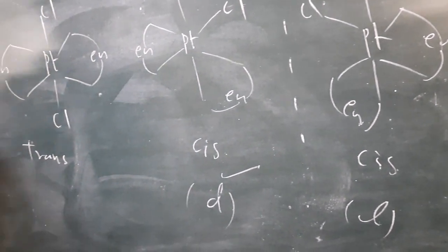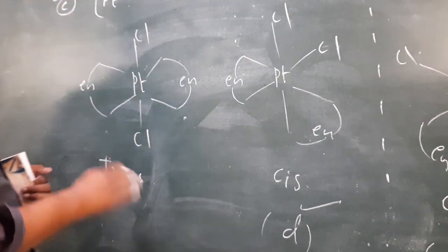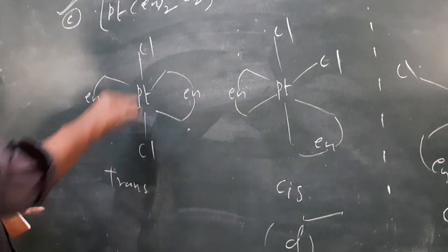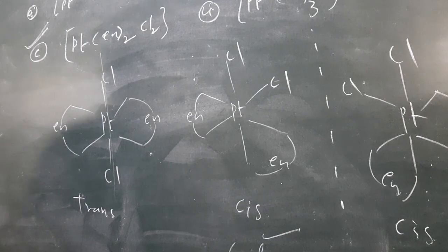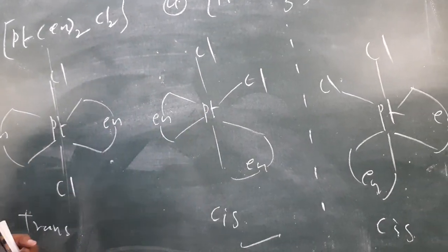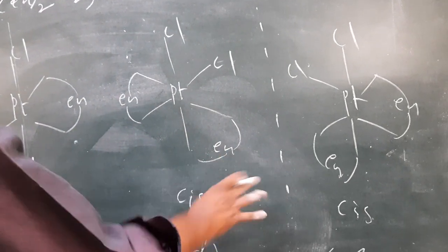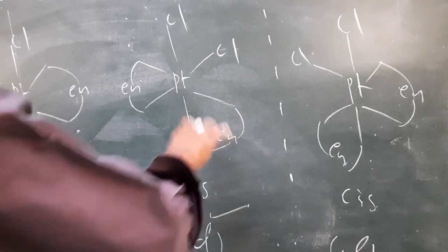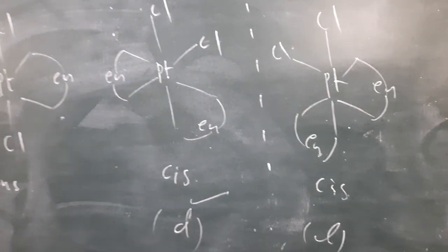So for these particular compounds, cis and trans both can exist, but trans, due to presence of plane of symmetry, we can cut into equal halves. But cis is not cut into equal halves, 3-dimensionally it is not possible to cut equal halves. So cis has optical isomerism, trans does not.